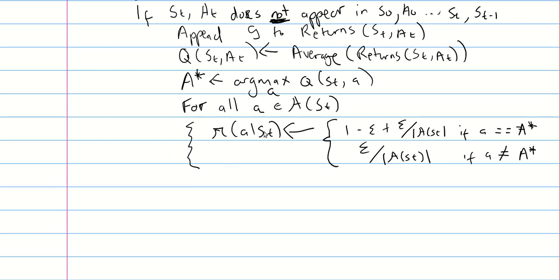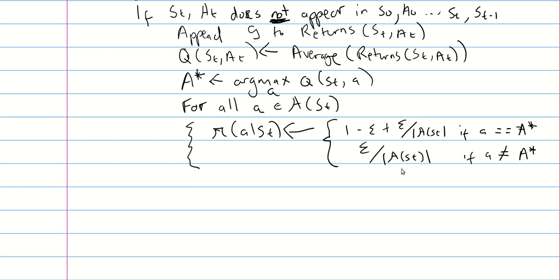So our policy becomes that in that state, with a probability of 1 minus epsilon plus epsilon over the cardinality of A(St), we act optimally. And with the remainder of this probability we act suboptimally.